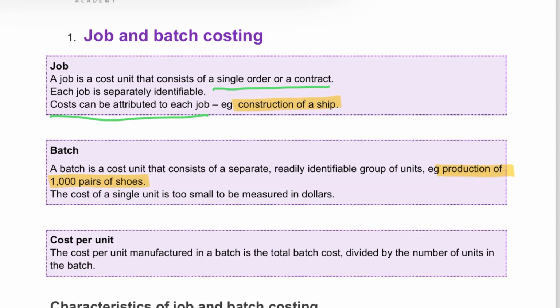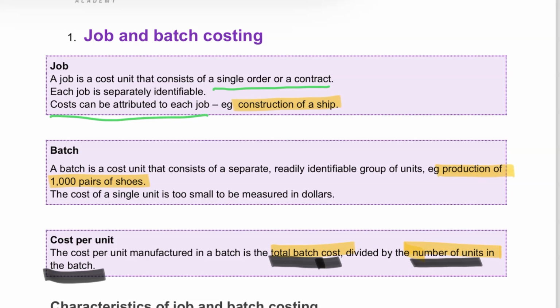So then it will be batch-related job costing. Cost per unit manufactured in a batch, how do we get the cost per unit? We simply get the total batch cost and divide it by the number of units in each batch. So that's how we would get the cost per unit for a batch.